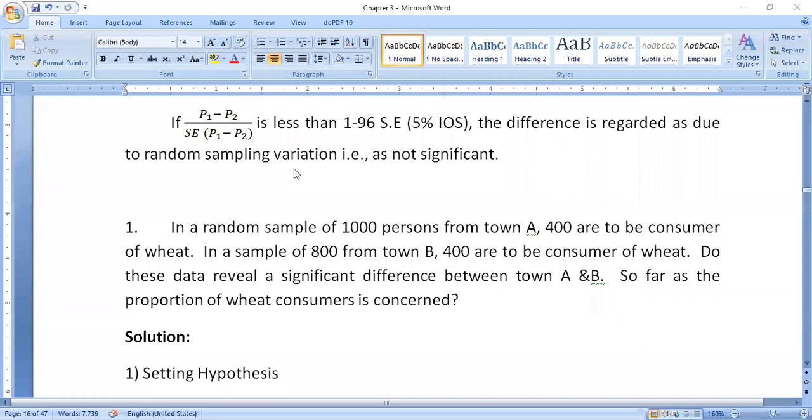Observe the formula for the calculated value: calculated value is equal to p1 minus p2 divided by standard error of p1 minus p2.